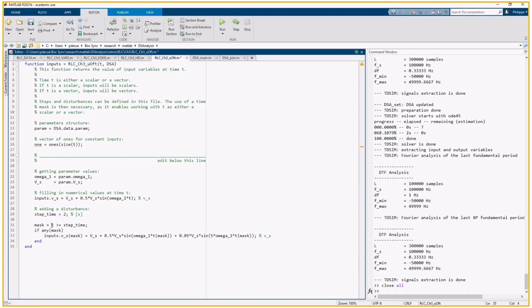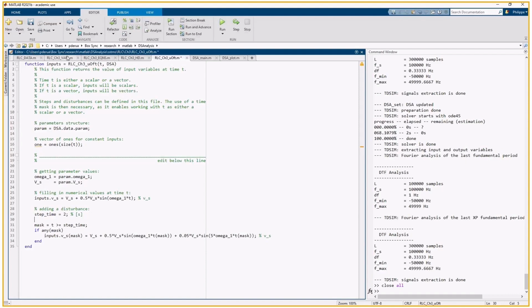In general, when you use steps, you have to make sure to use a mask so that you only modify the values of the input after the time of the step.